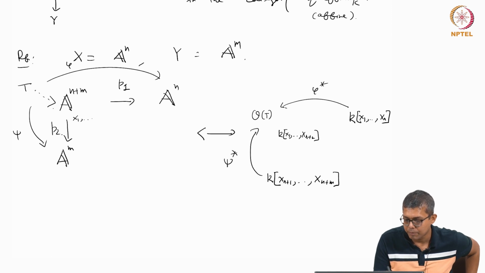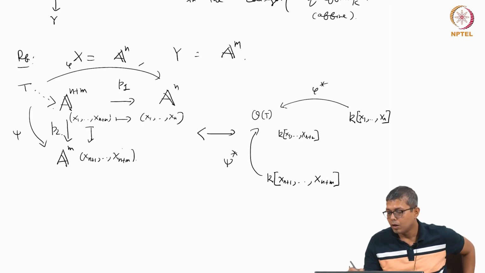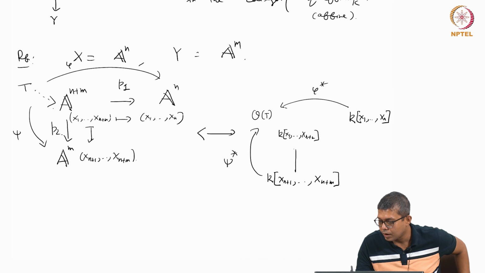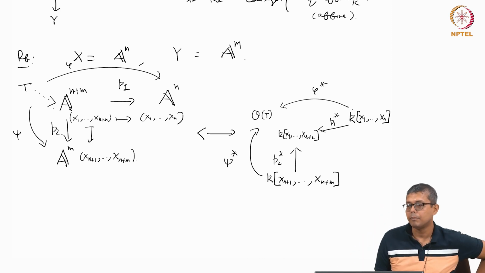This is the map that sends to x1, x2, ..., xn, and this goes to ... then this is P2 upper star, the corresponding K-algebra map.